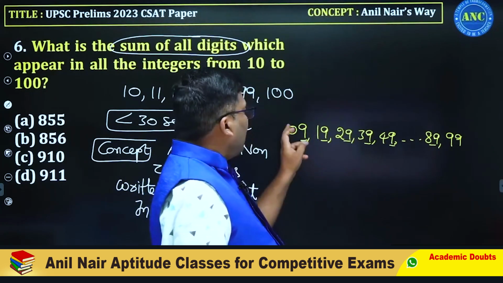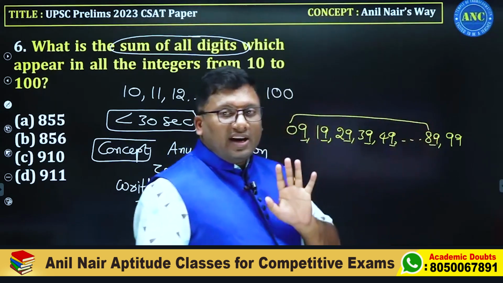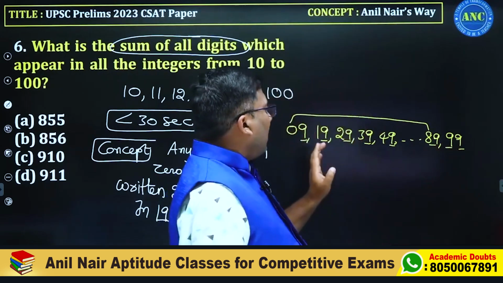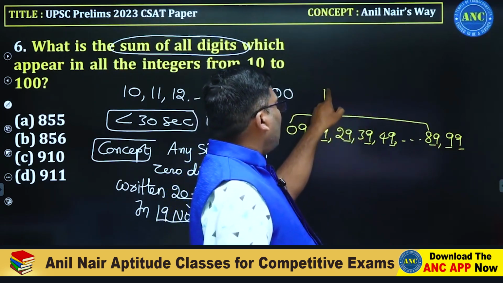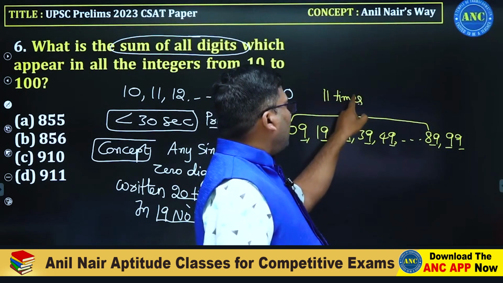How many times 9 came? From 0 to 8, 9 times. Here 9 came 2 times. 9 plus 2, total 11 times it came.